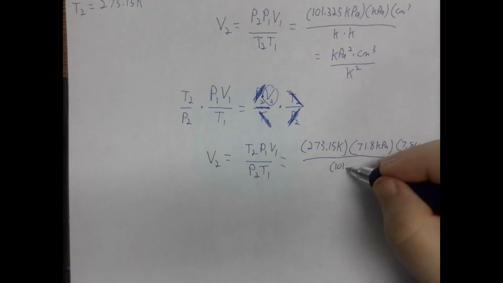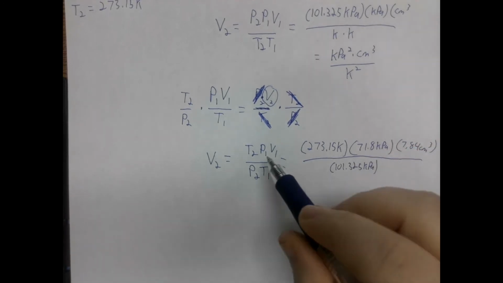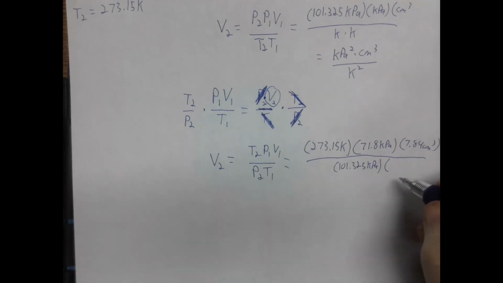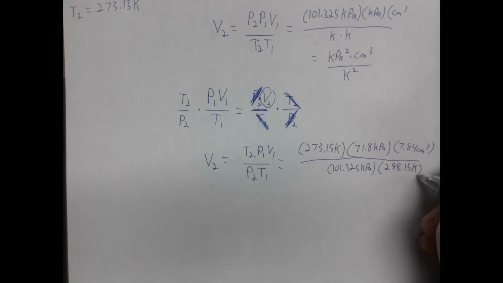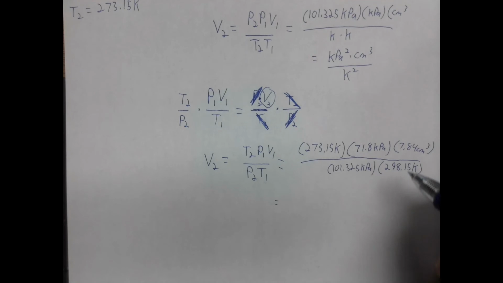P2 is 101.325 kilopascals. As long as you're not getting confused between P1 and P2 when writing these numbers down, the units are going to help confirm that our answer is correct. T1 is 298, or if you make the mistake of using Celsius, that's why you read and put the units.